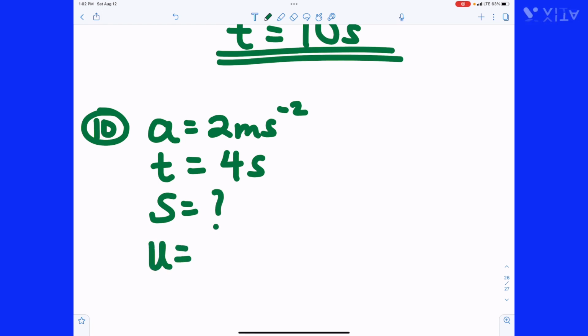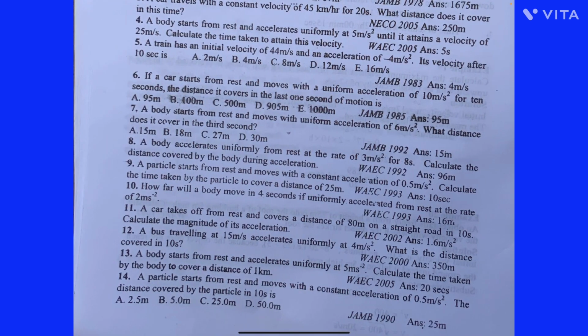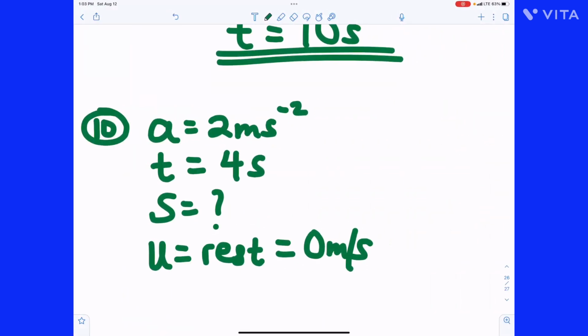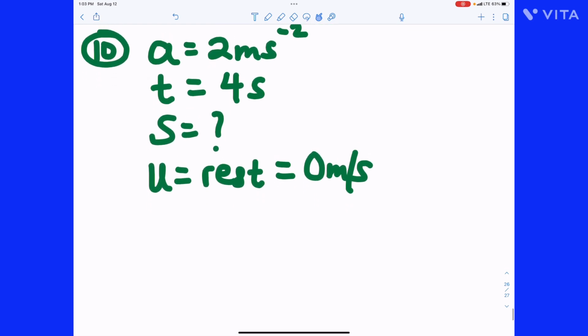It came from rest, so the initial velocity is 0 meters per second.